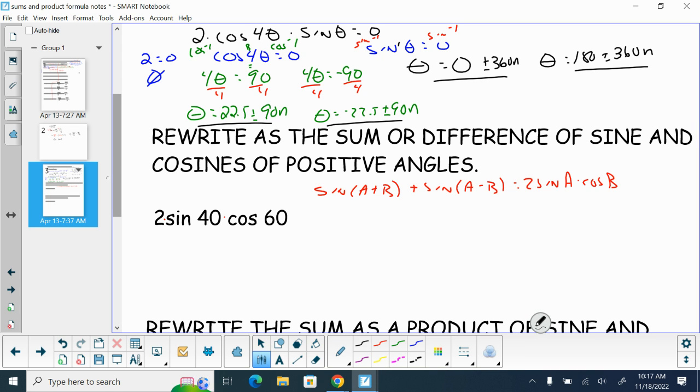On the right-hand side of the first one, we have 2 sine A cosine B, here's our A, here's your B. We want to move it back to the left-hand side to make it a sum and difference.